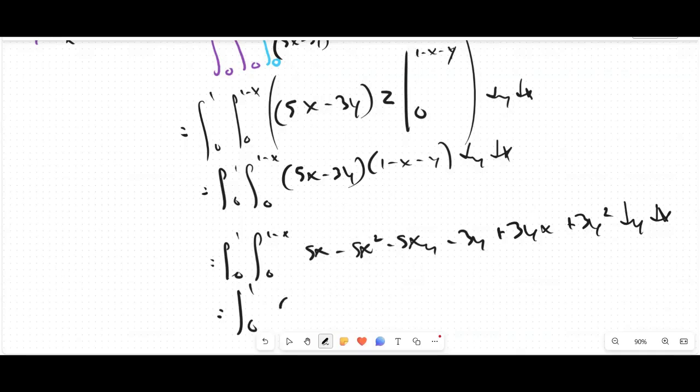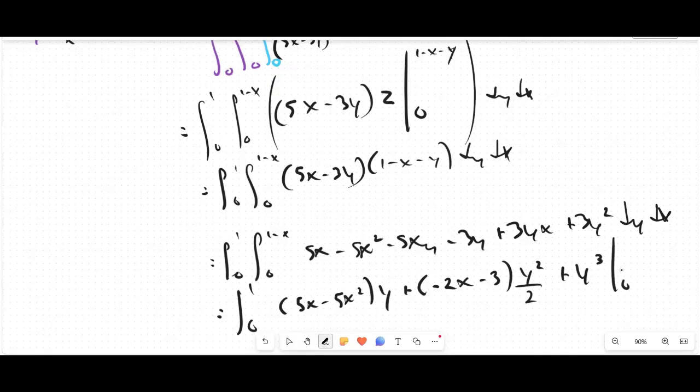Okay, so everything not involving y is 5x minus 5x squared. That picks up a factor of y. Everything involving one factor of y is 3x. Oh, those were two. Okay, minus 5x. All right, so that's minus 2x. Minus 6 minus 3 times y. So that becomes y squared over 2. And then I've got plus y cubed. This is from 0 to 1 minus x dx.